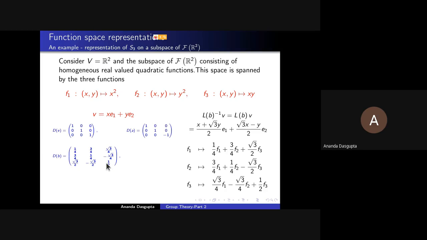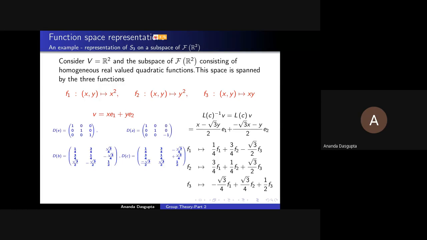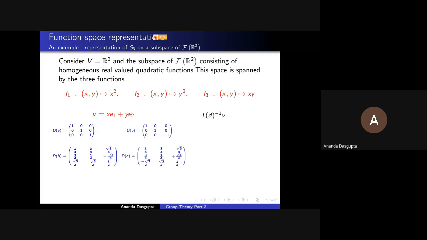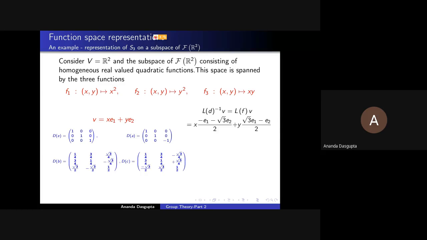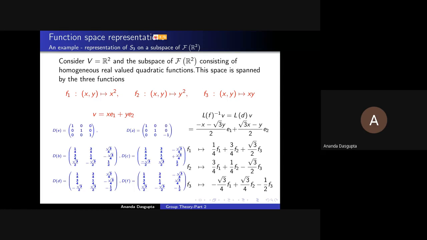This is a 3 by 3 representation where DA, DE, DB are given by these. I'm not going to go through all the calculations simply because there's nothing much to learn from here. It's just algebra, and there's really no point in me telling you what algebraic steps to carry out. It's better that you do it yourself. But ultimately, you end up with 6 3 by 3 matrices.